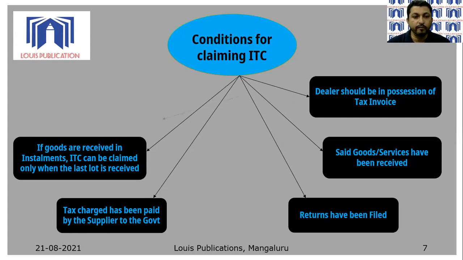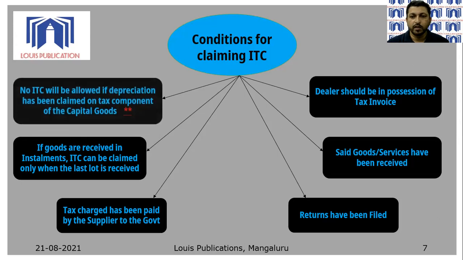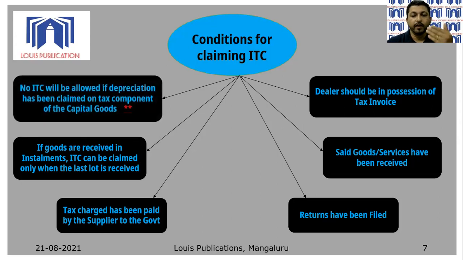Last condition, very, very important, is pertaining to more so capital goods. Capital goods are nothing but assets, say machinery, say furniture. If these assets are purchased and if GST amount is not included for the calculation of depreciation on such assets, then input tax credit can be availed.